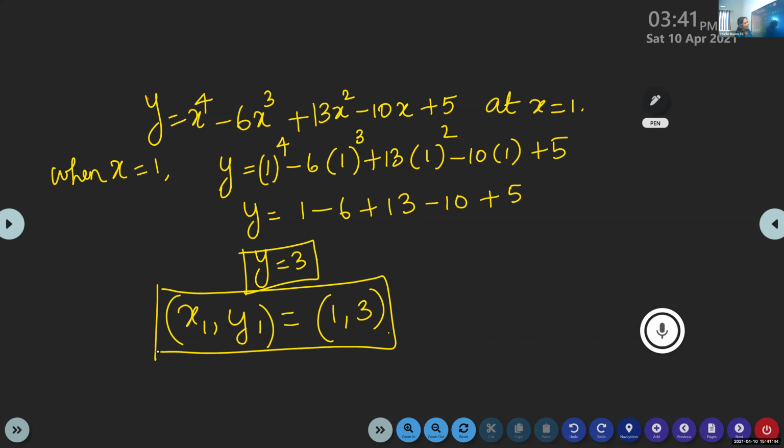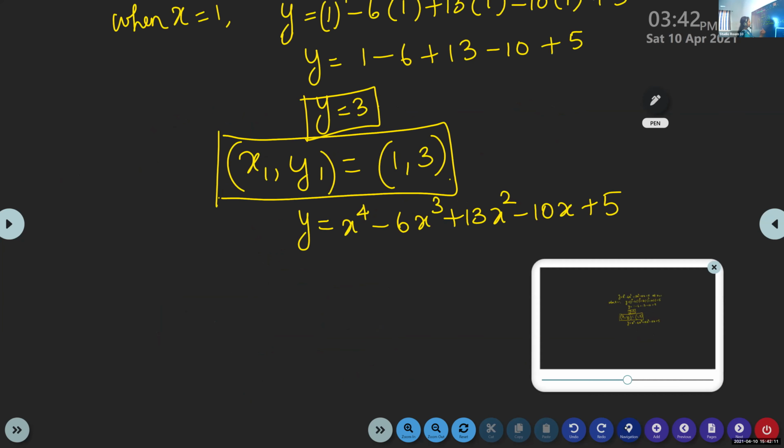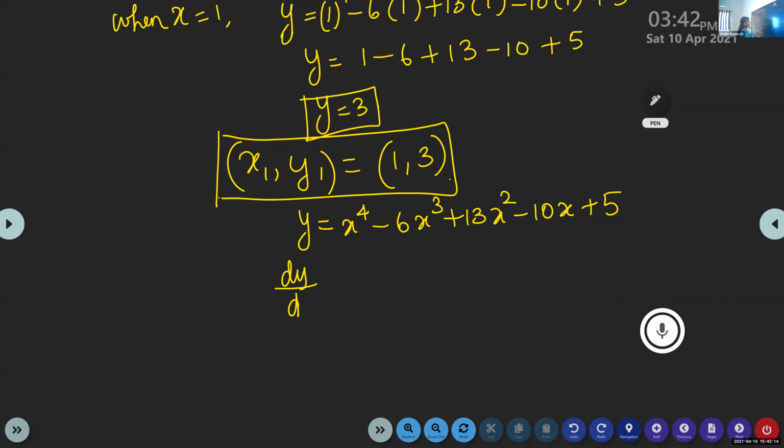Next thing is we want to find m. What is m? dy by dx, the slope of the tangent. So y is equal to x raised to 4 minus 6x cube plus 13x square minus 10x plus 5. Now find out what is dy by dx. 4x cube minus 18x square plus 26x minus 10.